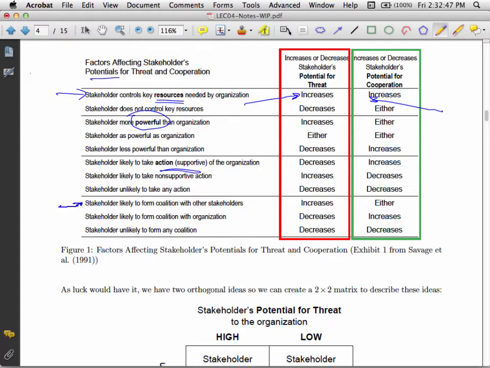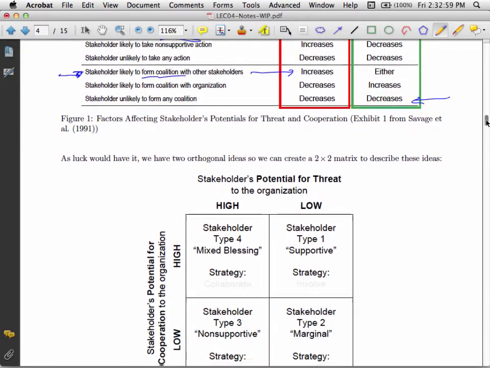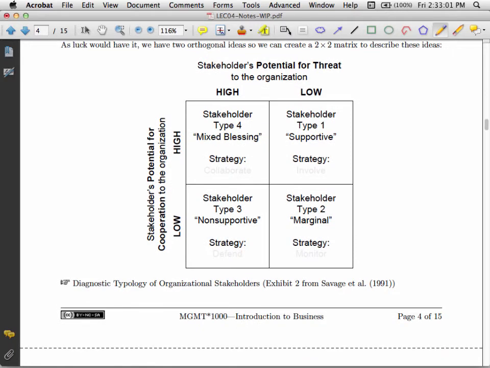And you can look at multiple stakeholders and forming coalitions. Is that going to increase or decrease the potential for threat or cooperation? Where things get interesting is when you start looking at the stakeholder potential for threat or for cooperation in the organization. You put it on a 2x2 matrix, and you have a low, low, high, high kind of setup here.